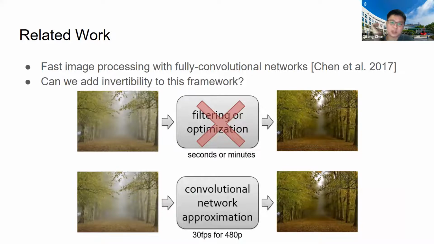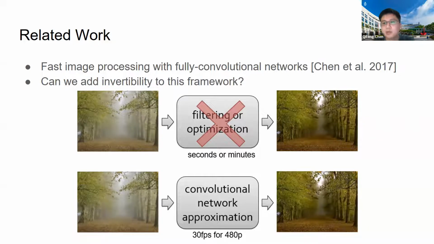I published a work in the past about fast image processing. We have a lot of image processing algorithms, but we saw that we can use a convolutional neural network to approximate such a process.